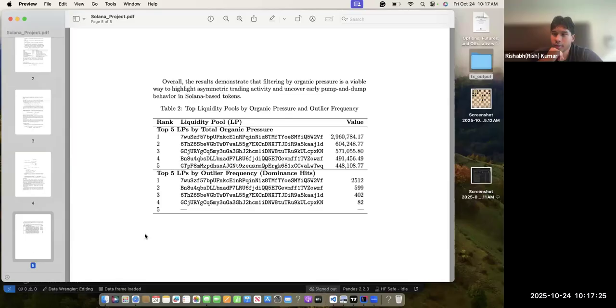The way you could do it, if you know the number of transactions in each liquidity pool, is to create a weight based on that. I think that's a good idea, especially if you want to show meaningful outlier frequency, because the liquidity pool with more transactions would always be on top.